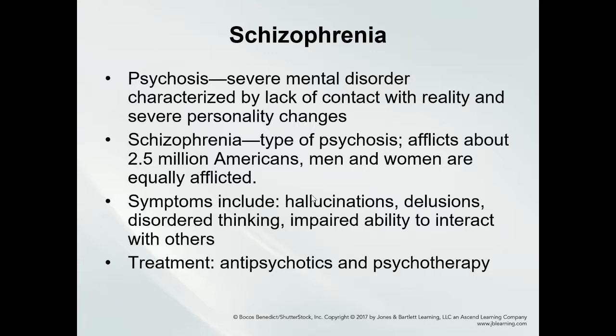Schizophrenia is a type of psychosis, and it afflicts about 2.5 million Americans. Both men and women are affected equally, but schizophrenia is more common in men. The symptoms include hallucinations, delusions, disordered thinking, and impaired ability to interact with others. And the treatments, of course, are antipsychotic medications and psychotherapy.